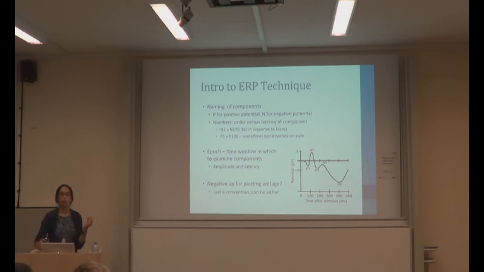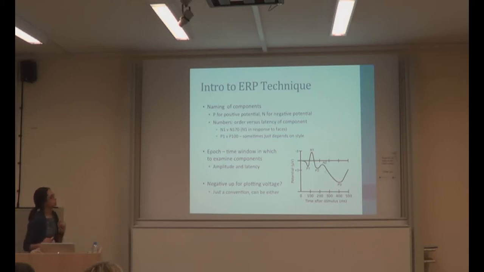Which is just the N1, the first negative potential, but because of the specific latency at which it occurs in the face, the literature has adopted N170 as the term it will always use. Whereas there are some other occasions where terms are just used interchangeably depending on style. So P1 and P100 mean the same thing. It's the first positive component, but it just happens to occur at 100 milliseconds, and people can use either, even if it's not in a specific area of research.